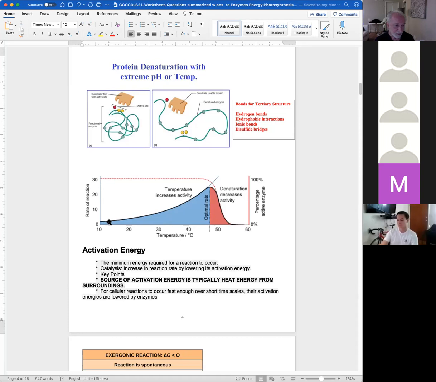As you follow the activity of the enzyme, as the temperature rises, the speed gets faster and faster, up to a point which is called the optimal rate. And at this point, it doesn't go any faster. Why?